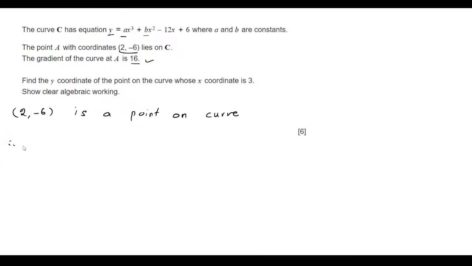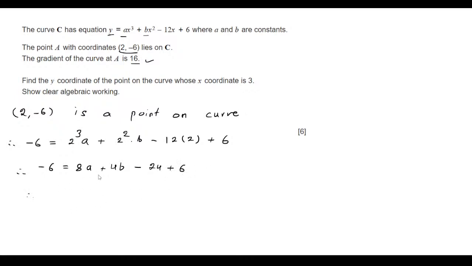So therefore, I can say -6 is equal to, the value of x is 2, so it's 2 cubed times a plus 2 squared times b minus 12 times 2 plus 6. So I have an equation: -6 is equal to 8a plus 4b minus 24 plus 6.